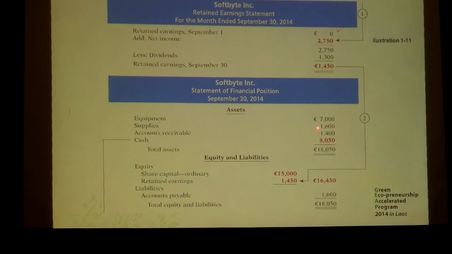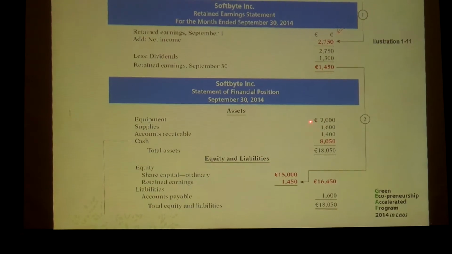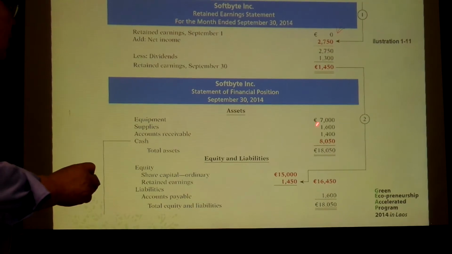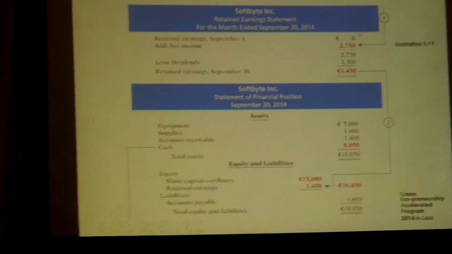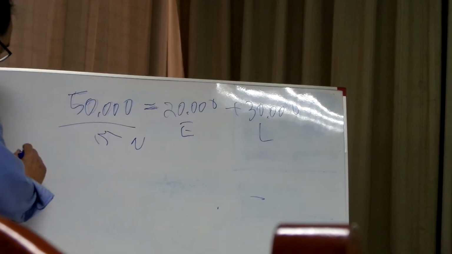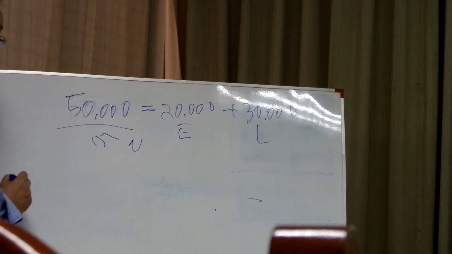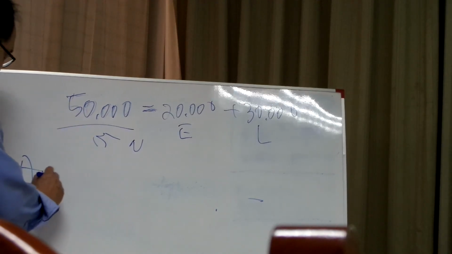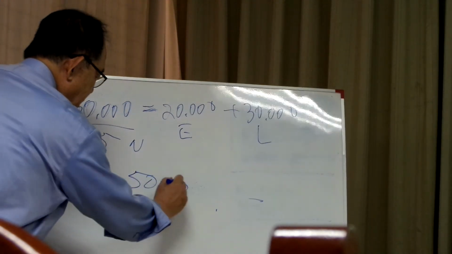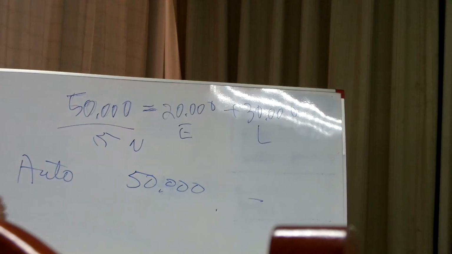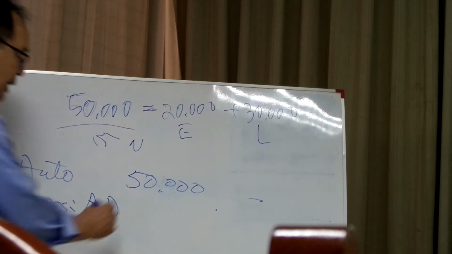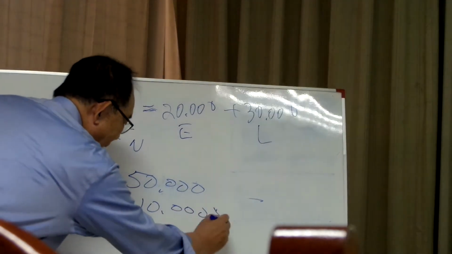For example, 70,000 minus 10,000 here. So only the net amount is supposed to be here. For example, this 50,000 is a BMW, so automobile 50,000 here, less accumulated depreciation 10,000, minus here.